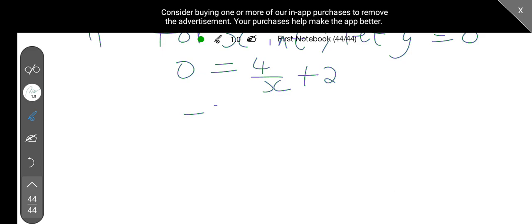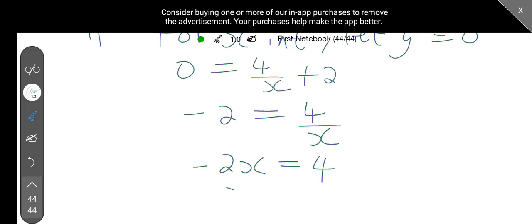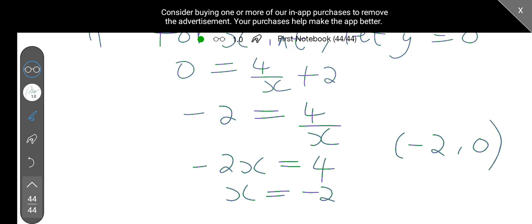Then negative 2 is equal to 4 over x. We cross multiply, and then negative 2x is equal to 4. And then at the end, our x is equal to negative 2. So what are the coordinates? x is negative 2 when y is 0. Okay, note that.